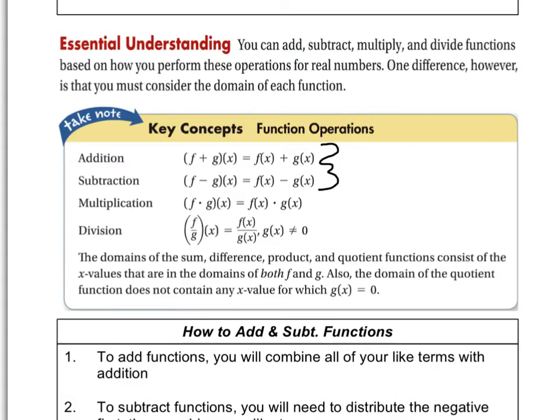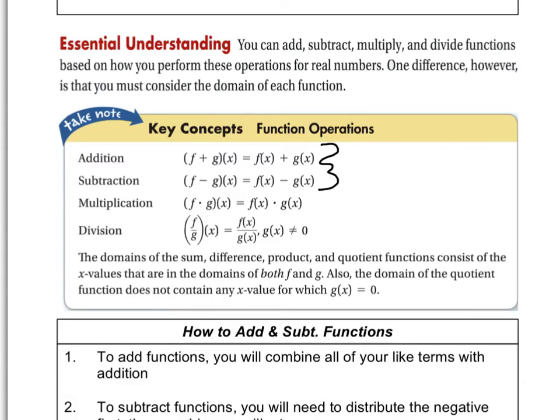In this case, we're also going to have to figure out what numbers we can put in for x. In other words, we're going to have to be able to calculate a domain. The domains of the sum, difference, product, and quotient functions consist of the x values that are in the domains of both f and g.